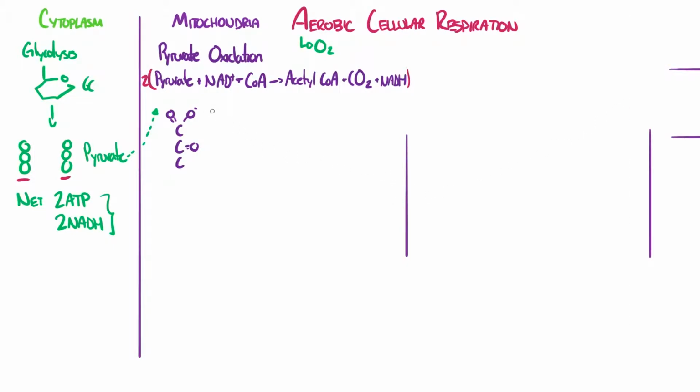So going back into it, if we look at our products, we see here we have a carbon dioxide being made. So like before, like in ethanol fermentation, this is our pyruvate. We have a COO at the top. This is going to get cleaved. So that gets cut off.